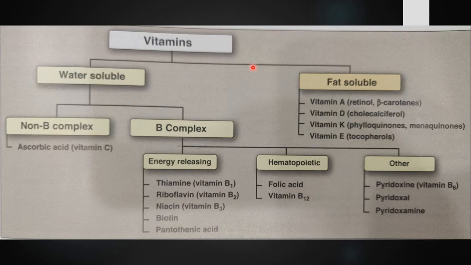Now these four vitamins A, D, E, K are termed fat soluble. I stress, they are released, absorbed and transported in chylomicrons with dietary fat.